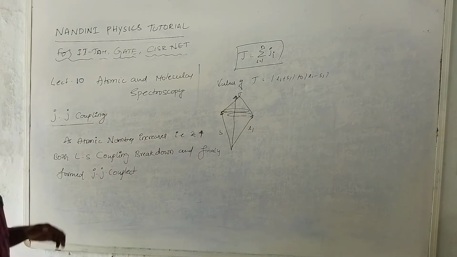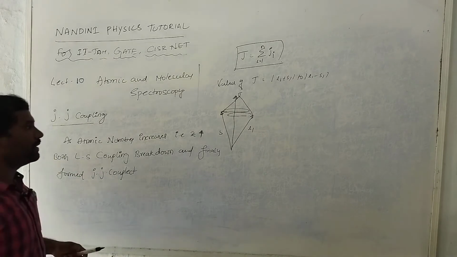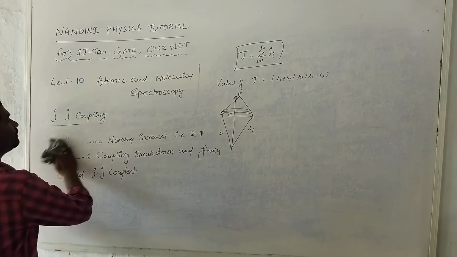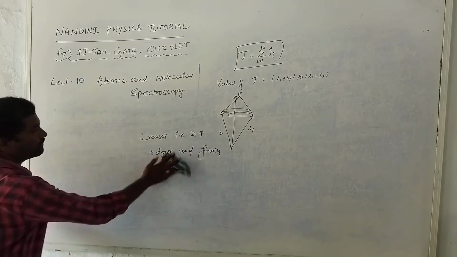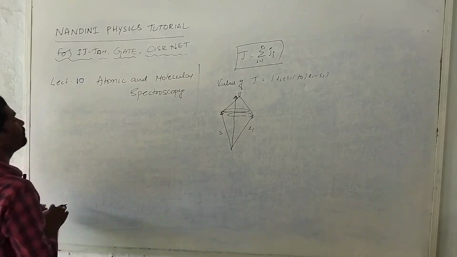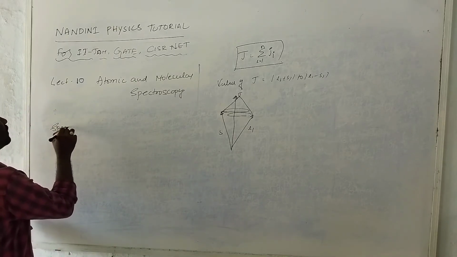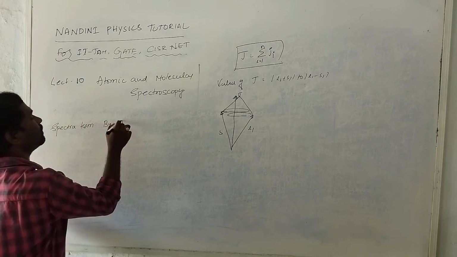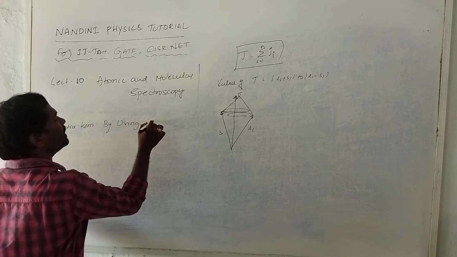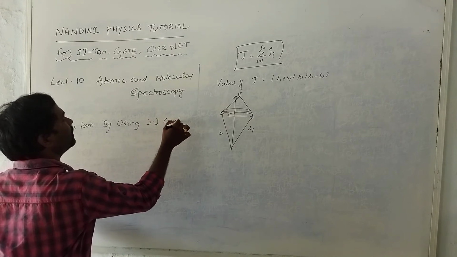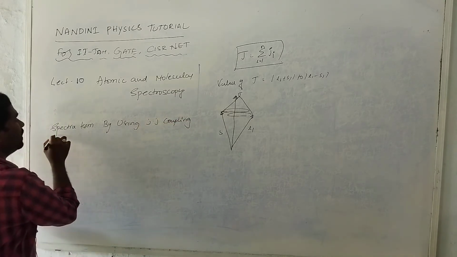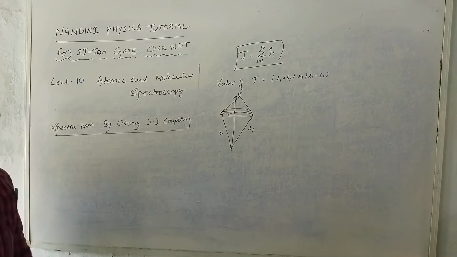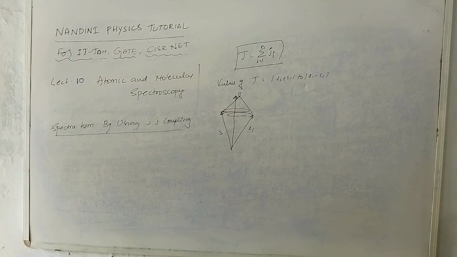Right now I want to find out the spectral term by using JJ coupling. For that purpose I consider one pd configuration.